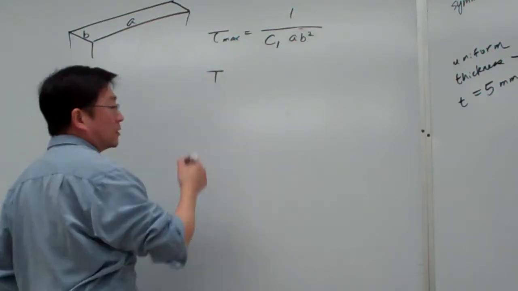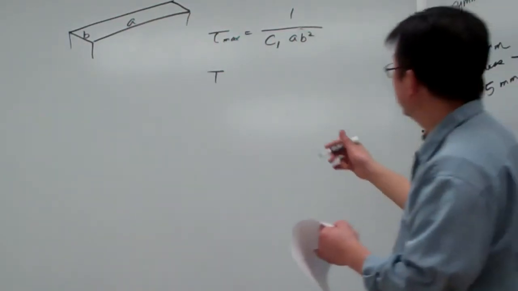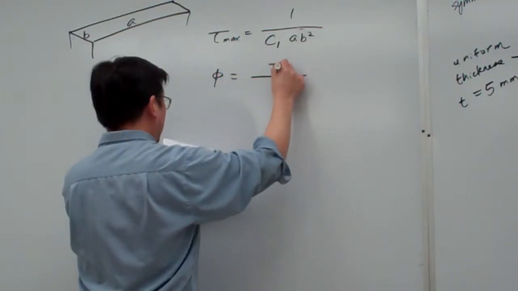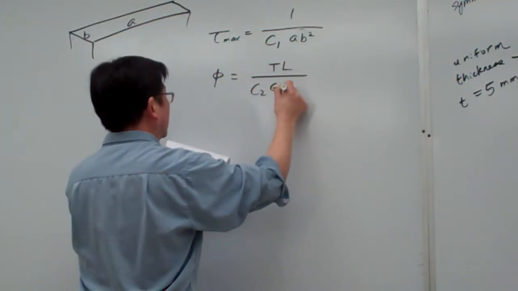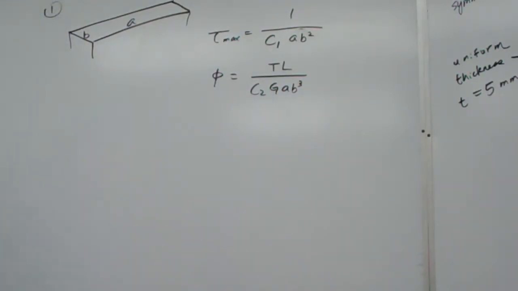Okay, and then we have the angle of twist, TL over C2 GAB cubed. So this is the first method we introduced.